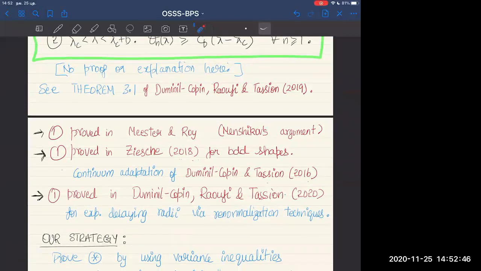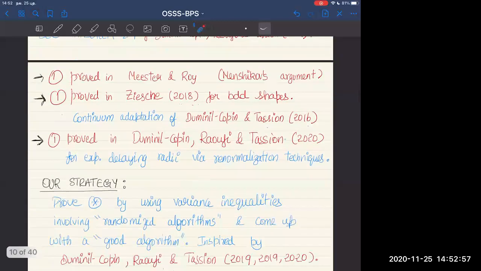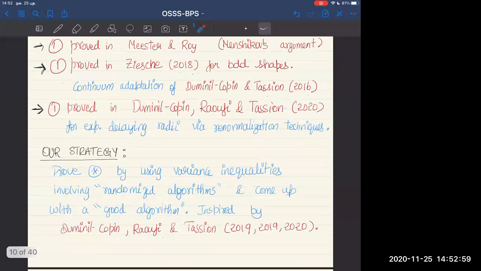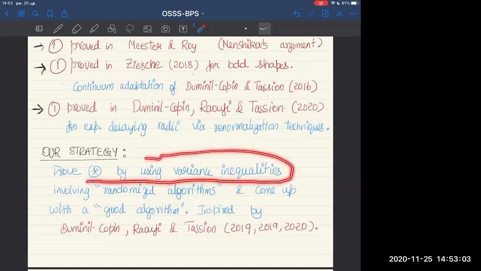So this is a result already known in various forms, but I'm going to give a much simpler proof, and then I'll talk about generalizations. So what is our strategy? We are going to prove the differential inequality by improving the Poincaré inequality.